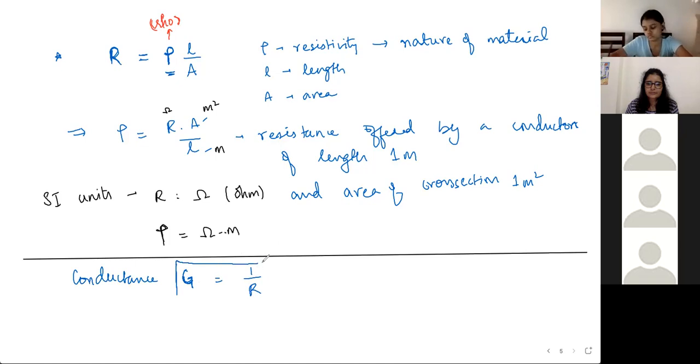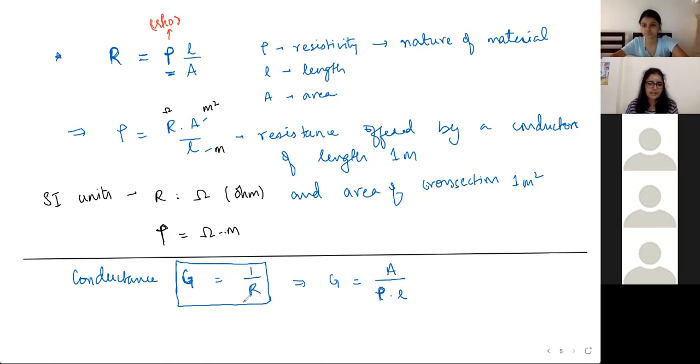Note this down. At the end of the chapter, we're going to do a summary of all the equations and formulas we come across. So, resistance R is equal to rho L by A, right? Just write that down. Substituting the value of R, G will be equal to 1 by rho into A by L. A will go in the numerator.